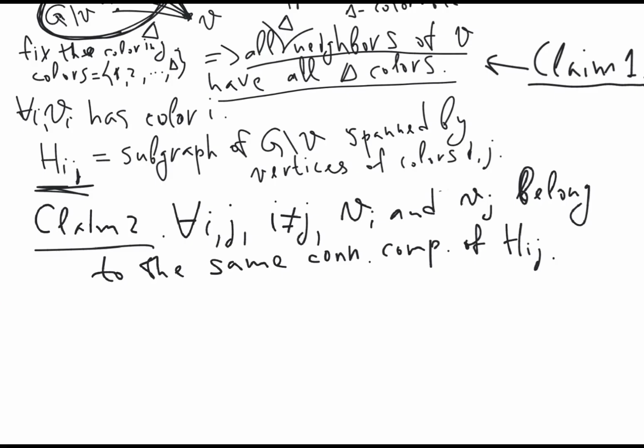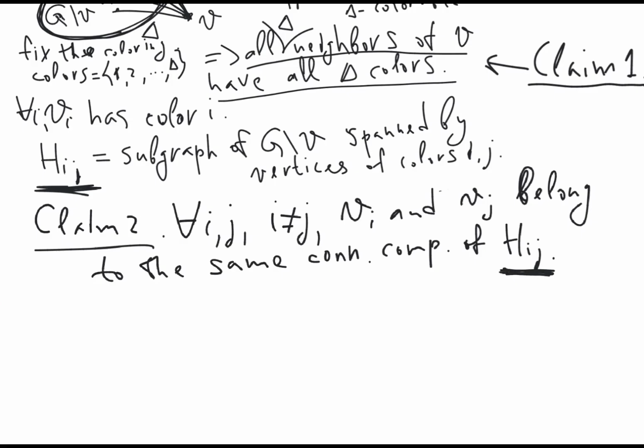First, they both belong to Hij, obviously, because Hij is the subgraph of the vertices of colors i and j. Vi has color i, Vj has color j, so they both belong to this subgraph.